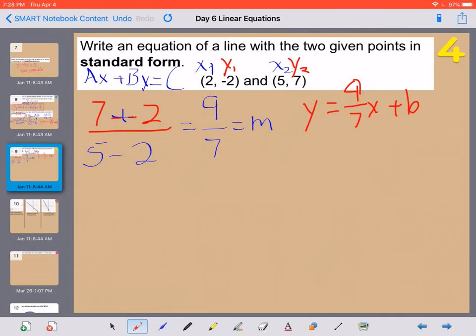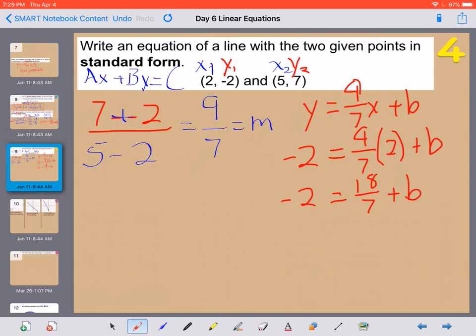Because we don't know b, we need to plug in some numbers for our y and our x. For this first one, I know that the y is -2 equals 9/7 times x, which is 2. So we can find our b. -2 equals 18/7 plus b. Then we're going to subtract 18/7.